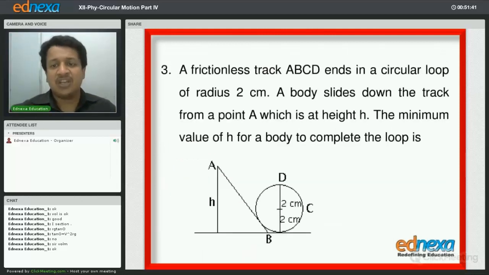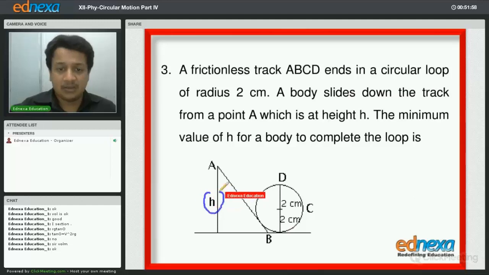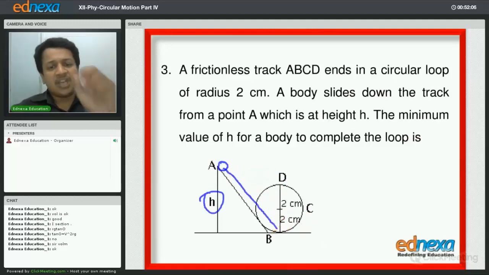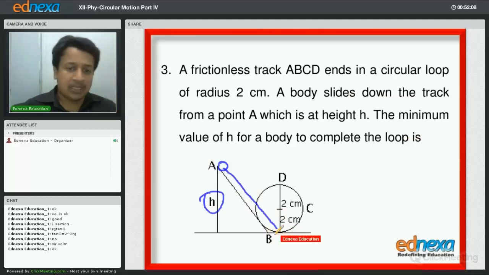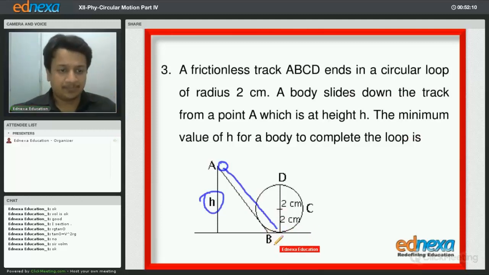Frictionless track ABCD ends in a circular loop of radius 2 cm as shown in the diagram. A body slides down the track from point A, which is at height h. The minimum value of h for the body to complete the loop is, so we want to find the height. Is it right? For that purpose, see, the object is placed over here and starts running towards this side. Initially, which energy will the object possess at point A, potential or kinetic?